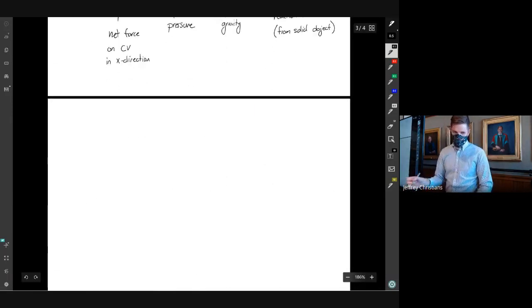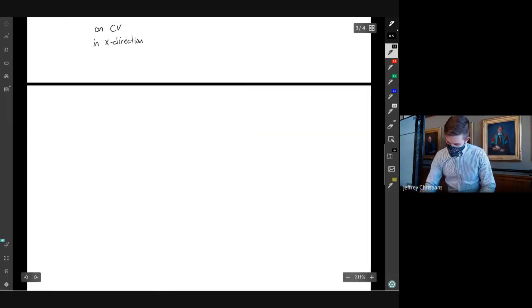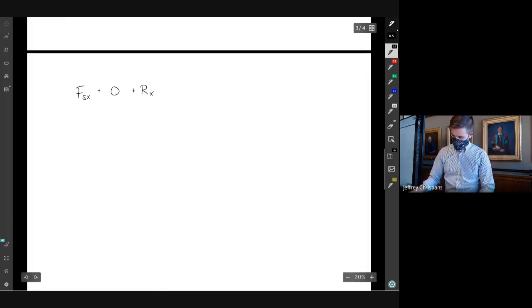So if we look at what those forces are, we're left with F_Sx plus 0 plus Rx. And that equals, well, we'll just write this rather than putting that other stuff in there yet.